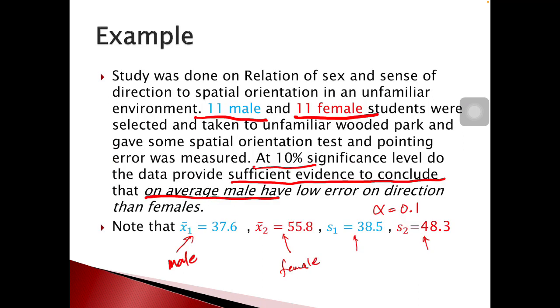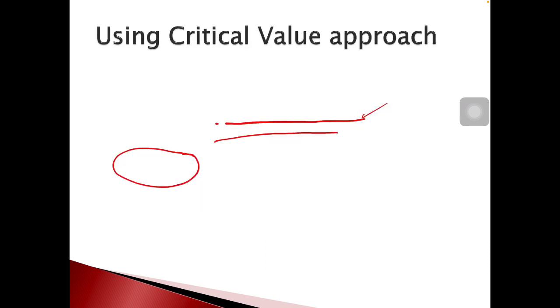Let me go back. What we need to do: on average, males have lower error on detection than females. So "male low error", simply using that term you can identify what they ask.